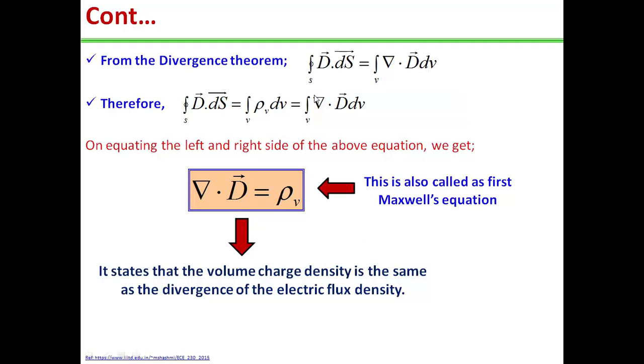Therefore, the closed surface integral of D dot dS will be equal to the volume integral of rho v dv, and this will be equal to the volume integral of divergence of D dv. On equating the left and right side of this equation, we will get del dot D is equal to rho v. This is also called the first Maxwell equation. It states that volume charge density is the same as the divergence of electric flux density.